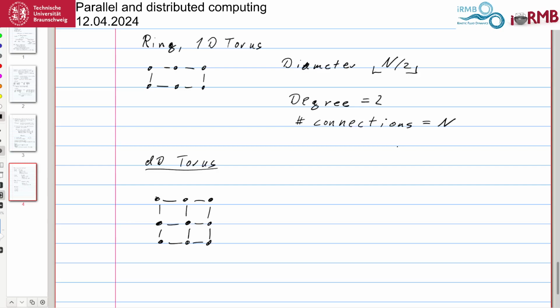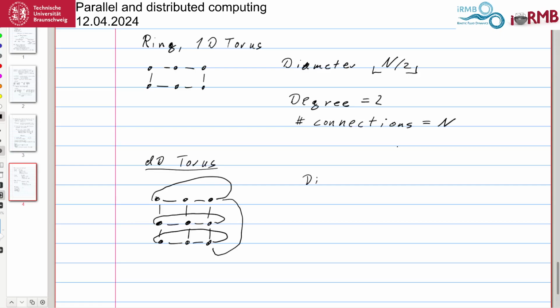But there are connections going this way, and one connection going that way. So this is a d-dimensional torus, and in this case it's a 2D torus.